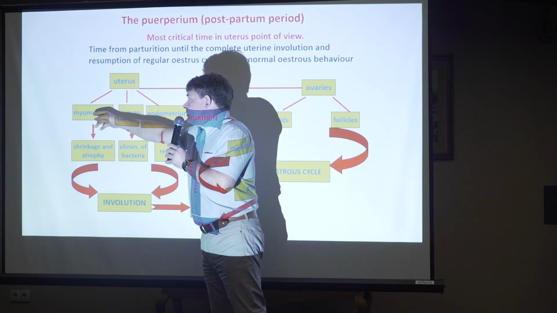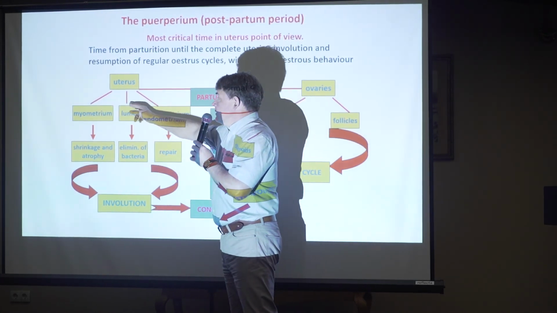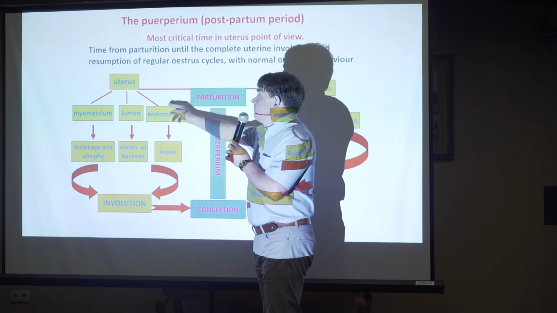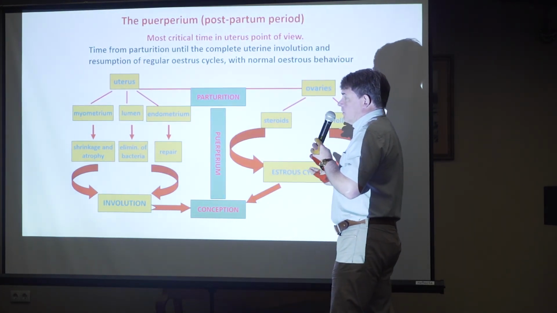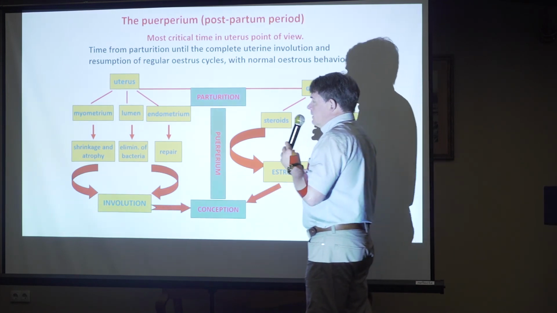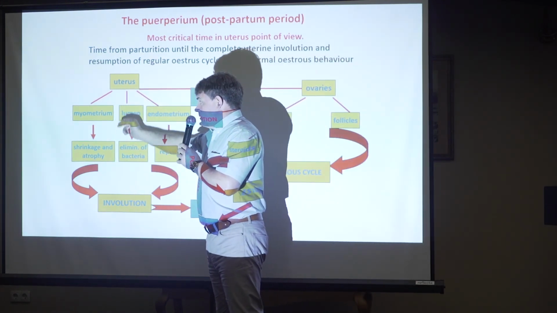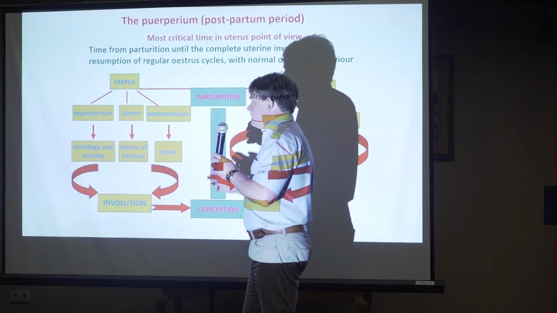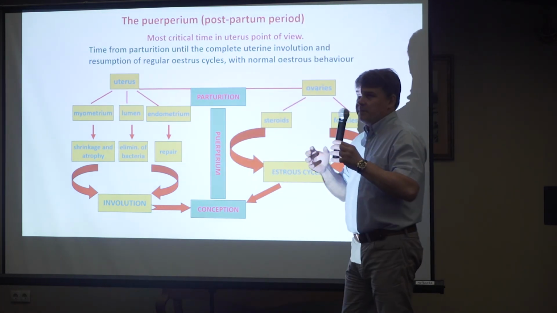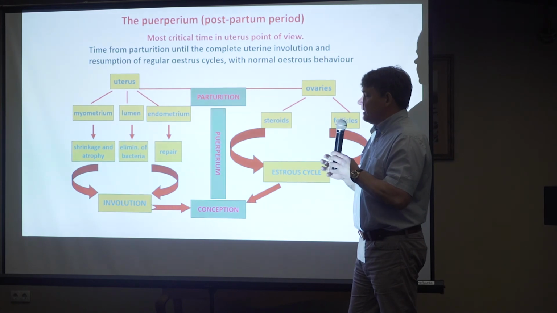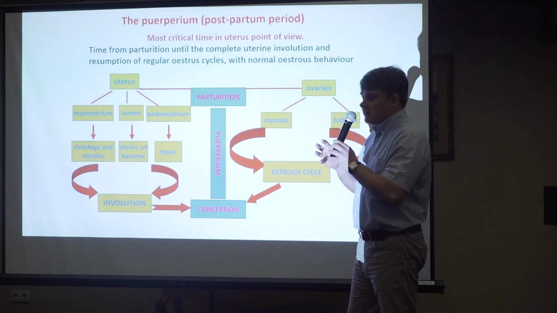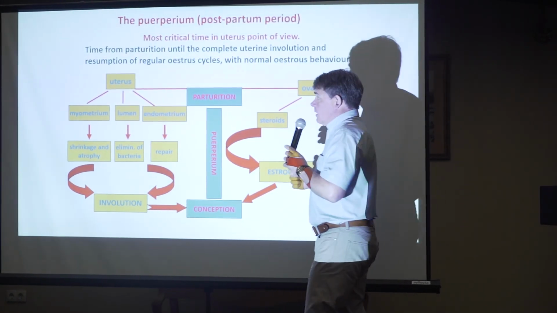That's the myometrium of the uterus, the lumen of the uterus, and the endometrium of the uterus. First of all, the biggest role is played by the myometrium, because the myometrium must shrink and atrophy. And this shrinkage and atrophy leads to the uterus getting smaller in size.